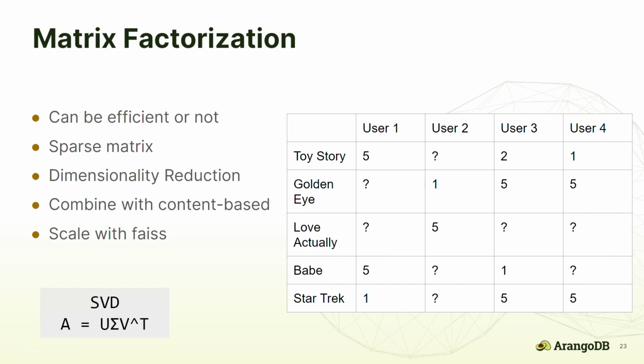So let's take this example: we have a user over here, user 3, who has watched GoldenEye and Star Trek, and so has user 4. An obvious guess here would be that user 4 probably isn't going to like Babe, the movie, as user 3 rated it poorly. But what about for user 3 and 4 liking this Love Actually movie? You can start to make some pretty good guesses based on the other available data here.